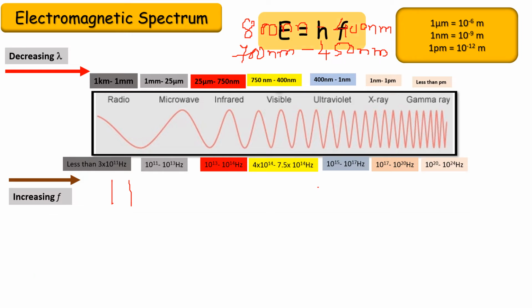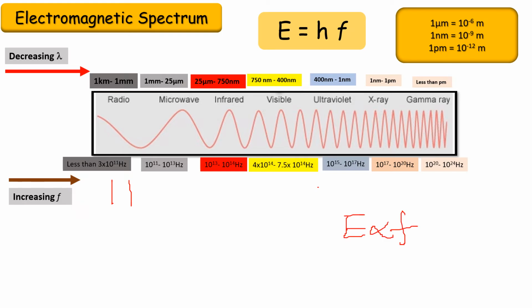Also we know E = hf, where h is the Planck's constant and f is the frequency. Here we can understand that E is directly proportional to f. The constant of proportionality is h, which is called Planck's constant. Right now we'll keep h aside. We'll just understand E is proportional to frequency.